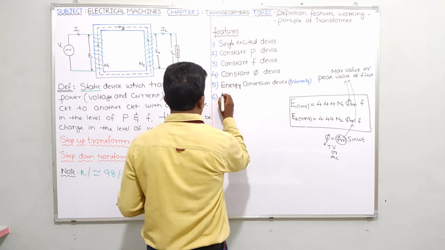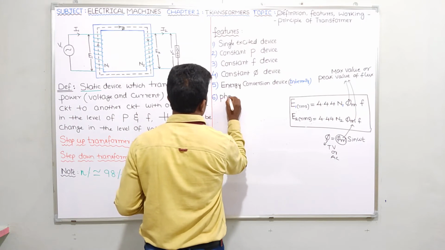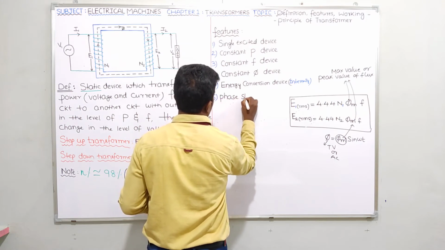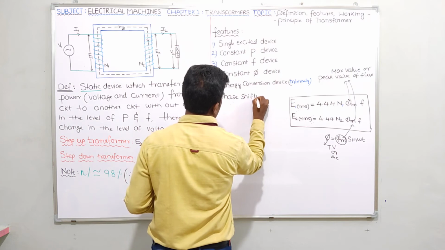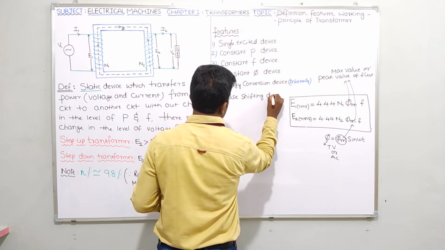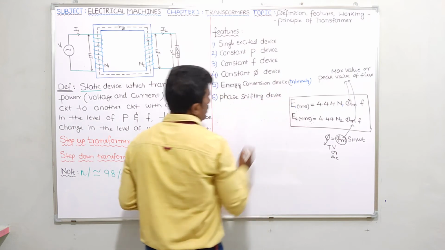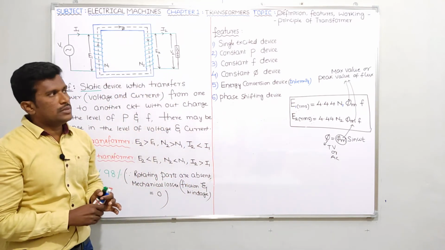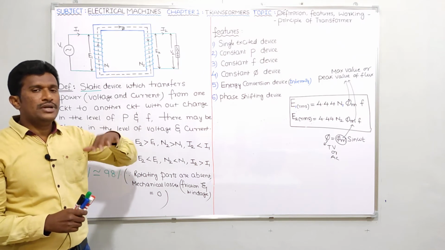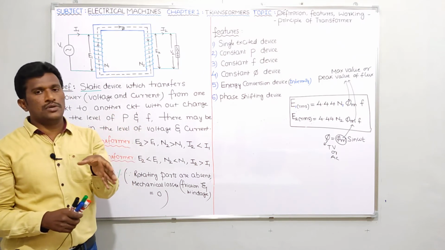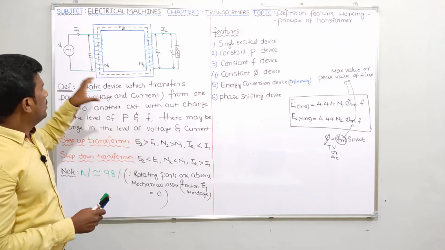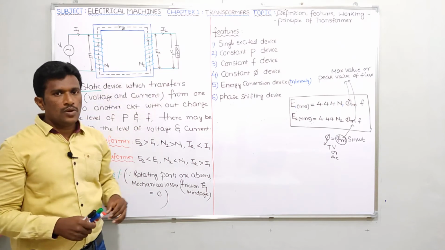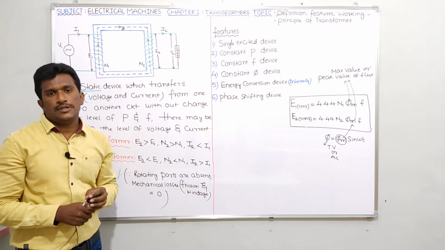Yes, we can call transformer as a phase shifting device. What is the reason? Very simple. We'll discuss it in the vector diagrams topic in future. There, the conclusion is that from input side to output side, we get 180 degrees phase displacement.